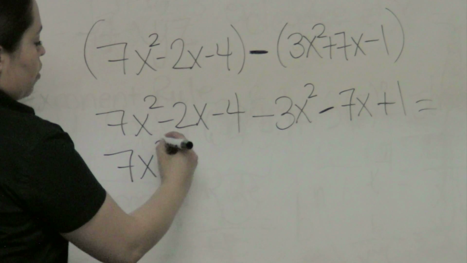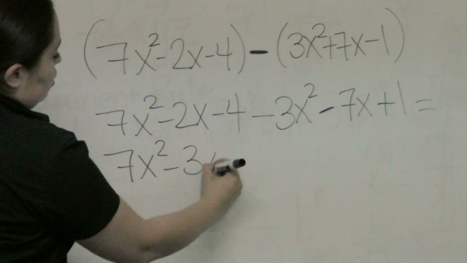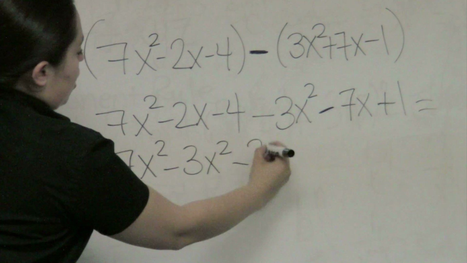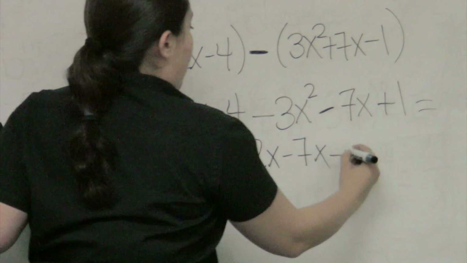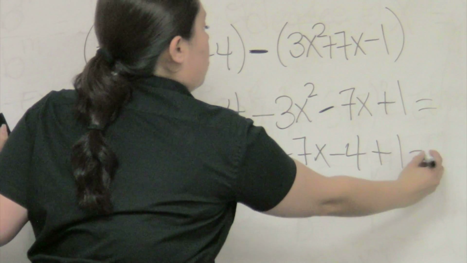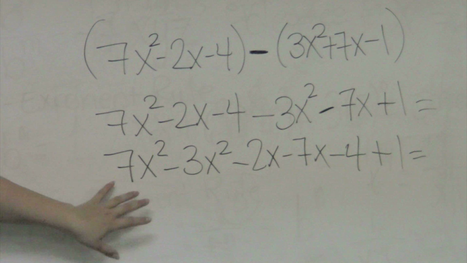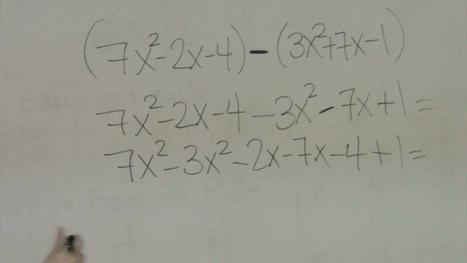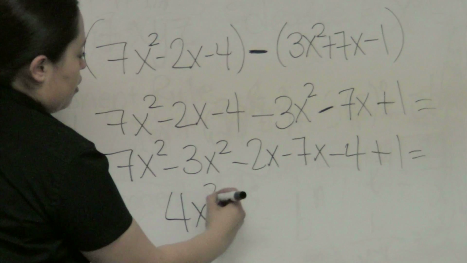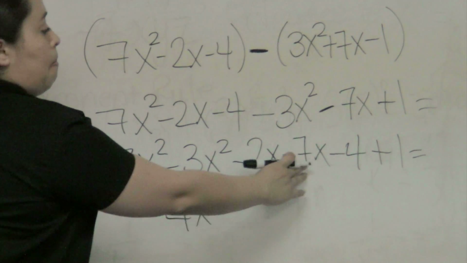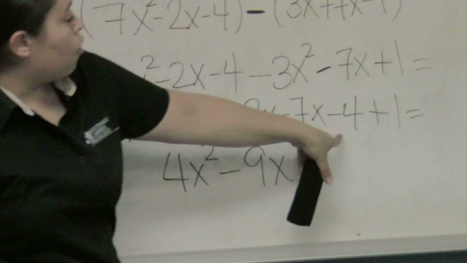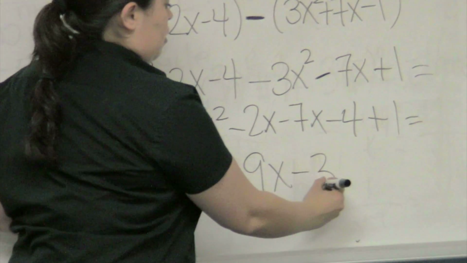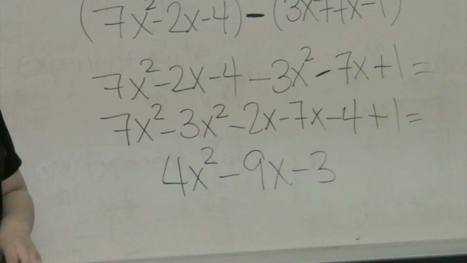So 7x squared minus 3x squared, minus 2x minus 7x, minus 4 plus 1. Now 7 minus 3 will give you 4x squared, minus 2 minus 7 is minus 9x, minus 4 plus 1 is minus 3. And that's your answer.